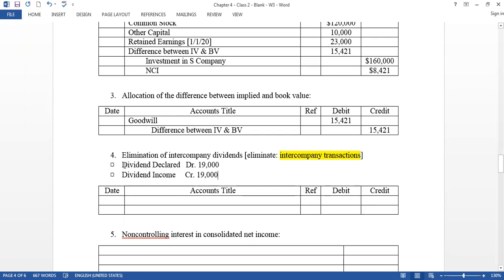Now we have to close these two accounts because the subsidiary company declared a dividend. Try to understand. The subsidiary company declared a dividend. When they record dividend, they record it debit. This is from the subsidiary company, S company. S company records dividend declared debit, and P company records dividend income credit, right?